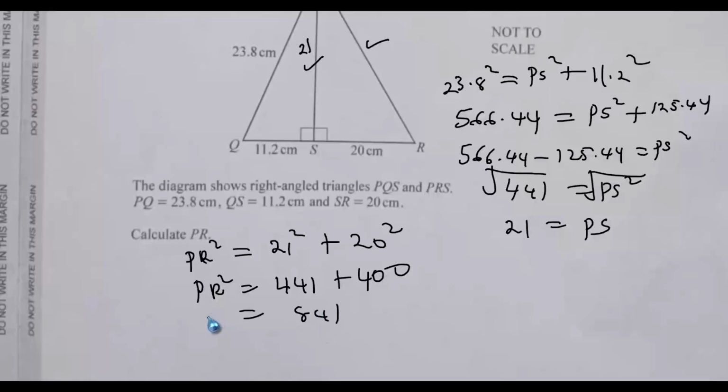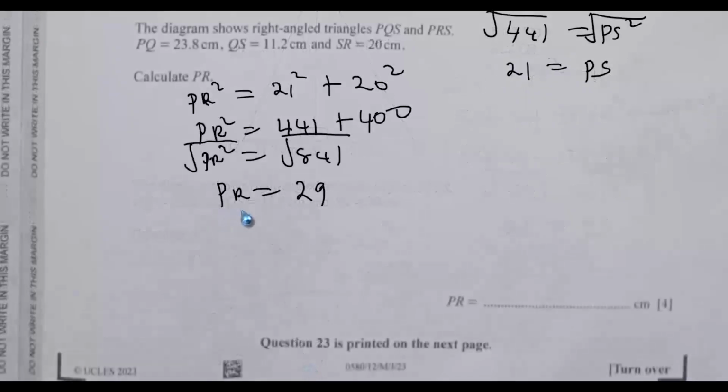PR squared equals this. If I take square root of both sides, PR equals square root of 841, which is 29. PR is equal to 29.